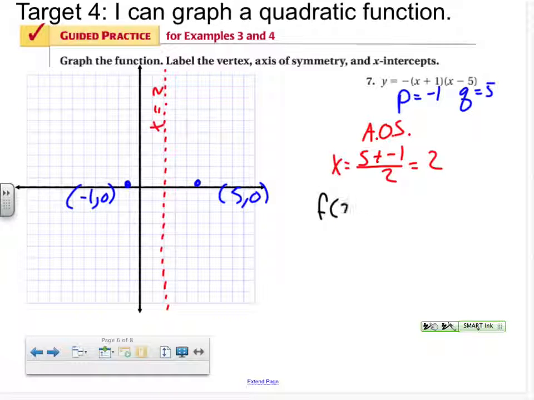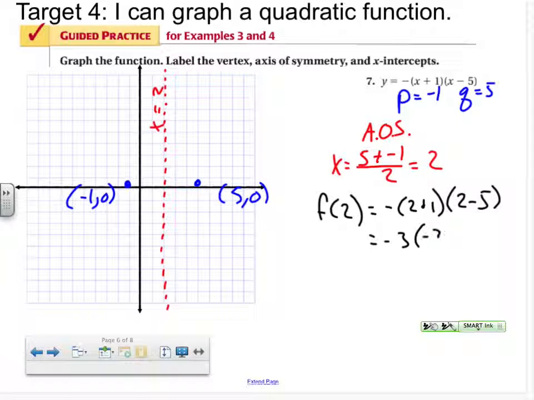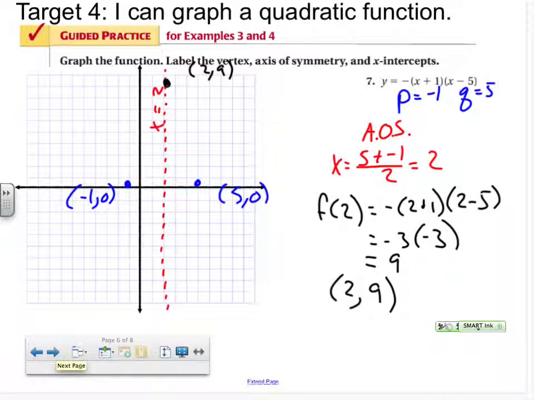We plug 2 into the equation. Negative 2 plus 1, 2 minus 5. Our vertex is at the point 2, 9. Plot that information, and we'll connect to get ourselves our parabola.